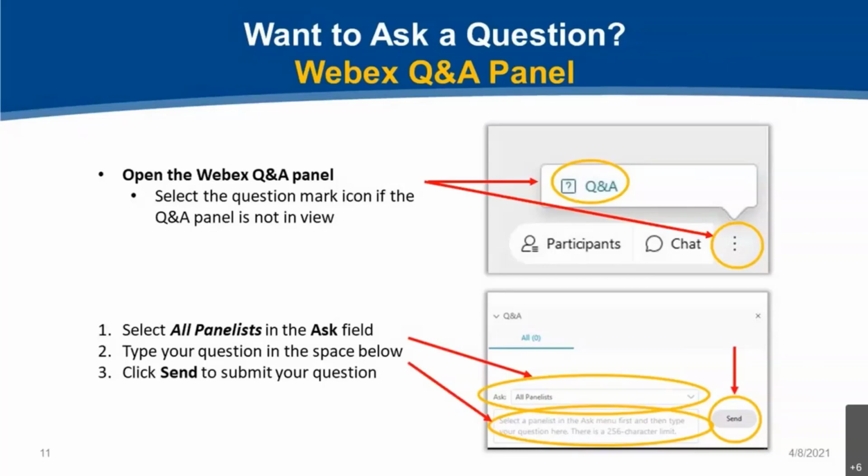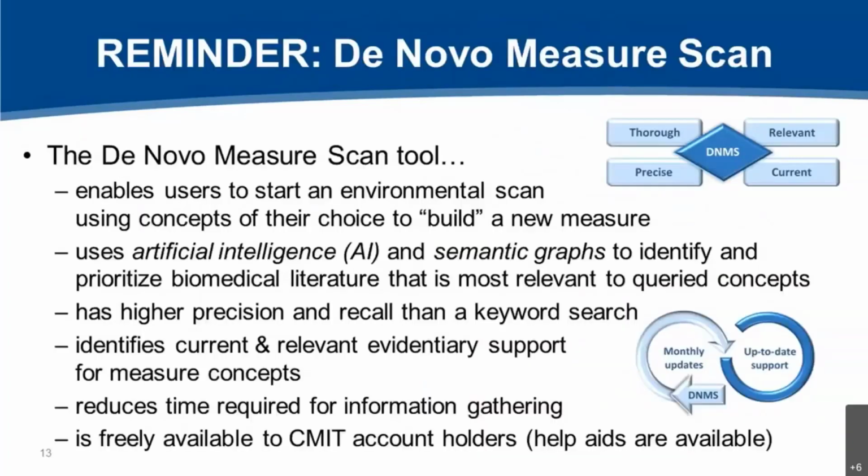Before I let everyone go today, I did just want to mention another tool that is available on the CMIT platform, and that is the De Novo Measure Scan tool, or the DNMS. This tool is particularly helpful during the information gathering phase of measure development. The DNMS enables users to start an environmental scan using concepts to build a new measure.